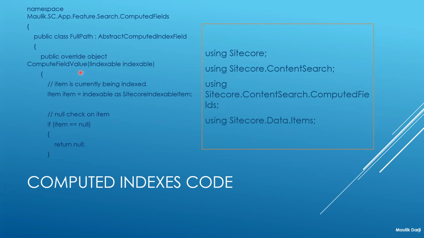Standard Sitecore content search computed field, and data.items for getting the items. And this is standard. If you have created a computed field, you don't need to create anything else or do anything additional to add that field into SearchStax. When you index, it will automatically be added.